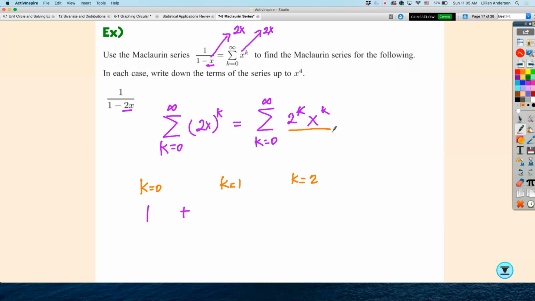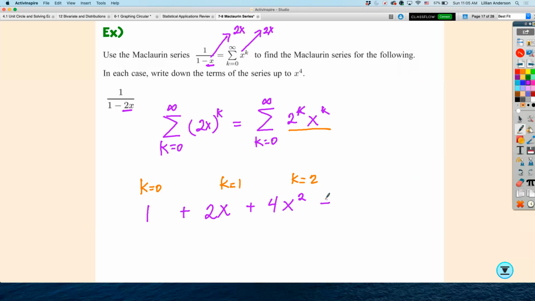When we plug in 1 for k, we're going to get 2 to the first power, which is just 2, and x to the first power, which is just x. When we plug in 2, 2 to the second power is 4, and x to the second power is just x squared.